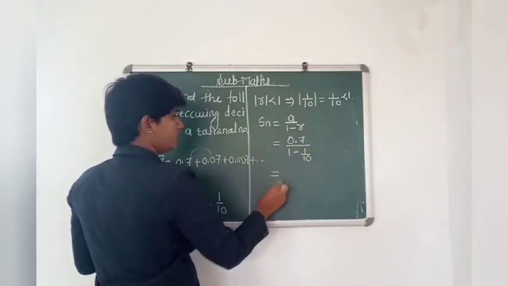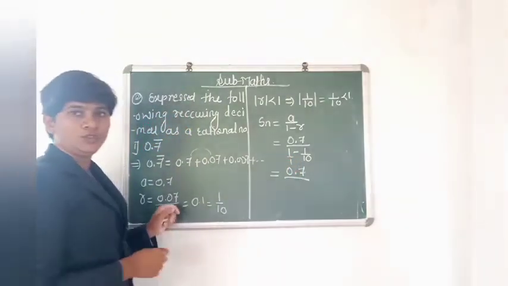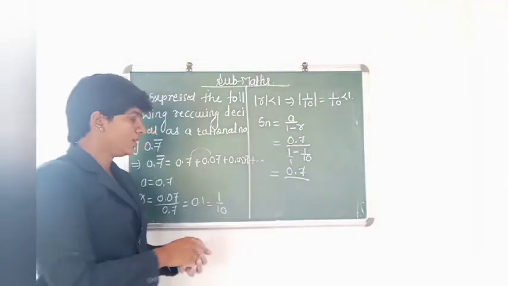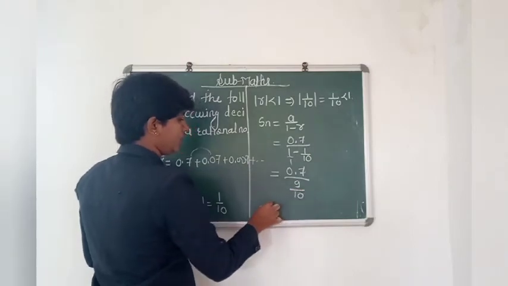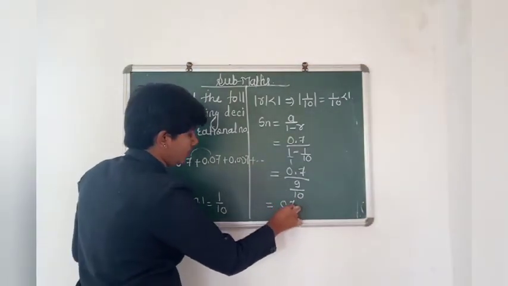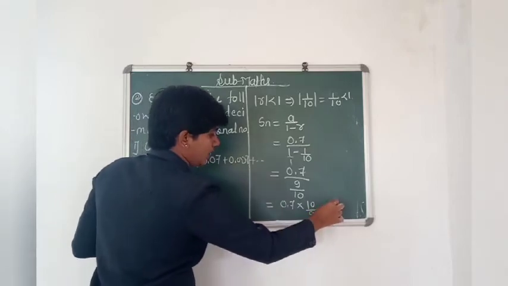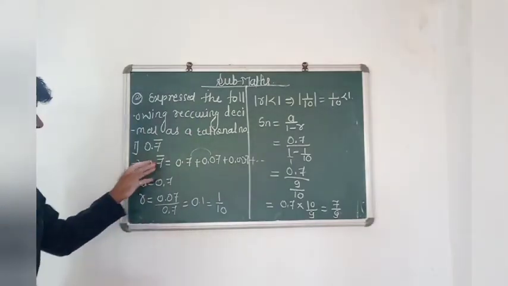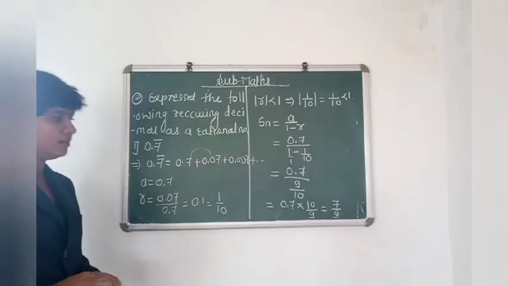After solving, the denominator is 1 minus 1 by 10, and using cross multiplication, 10 into 1 is 10 minus 1, so we get 9 by 10. So 0.7 multiplied by 10 upon 9 gives 7 upon 9. So the rational number of 0.7 bar is equal to 7 upon 9.